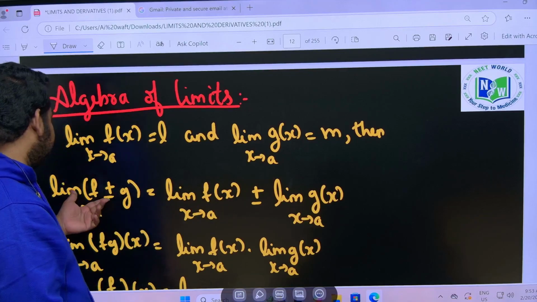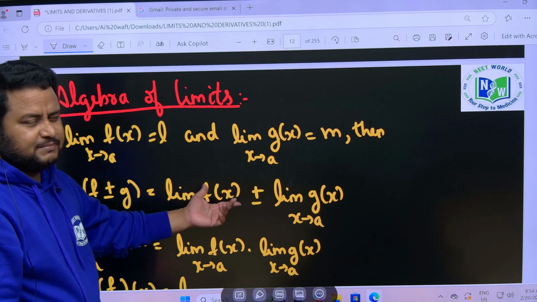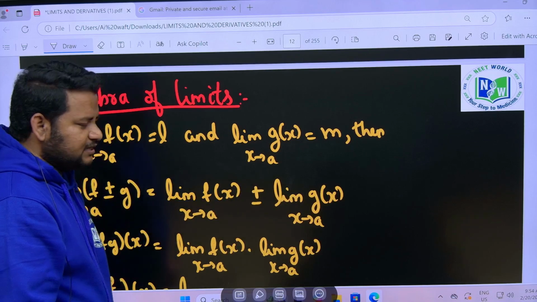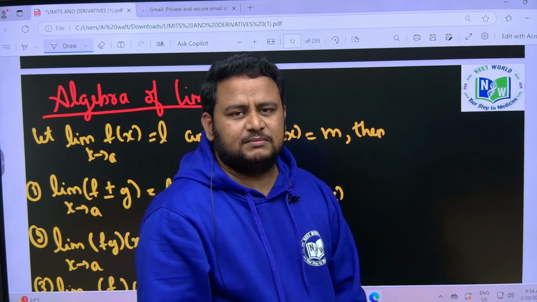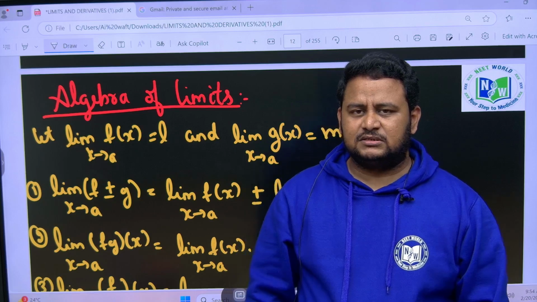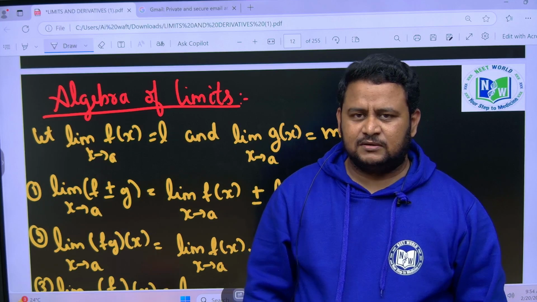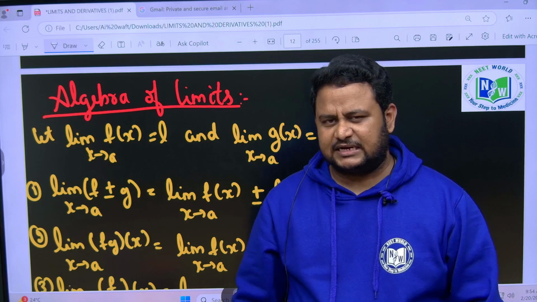That is, limit of f plus or minus g as x tends to a is equal to limit f of x as x tends to a plus or minus limit g of x as x tends to a. Simple.